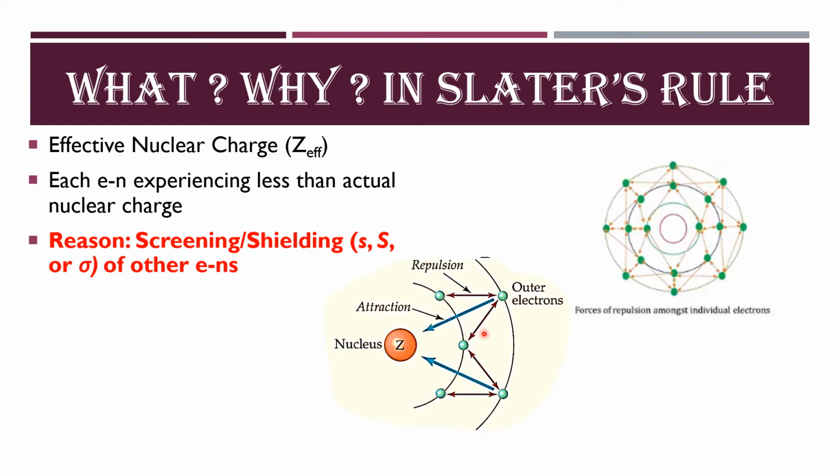The electron repulsion will be more, and because of that this attraction is going to be less. That's why the effective nuclear charge becomes less for these electrons. The effective nuclear charge is less than the actual charge, so the electrons experience a very small nuclear charge. Because of that we are going to find out the effective nuclear charge.